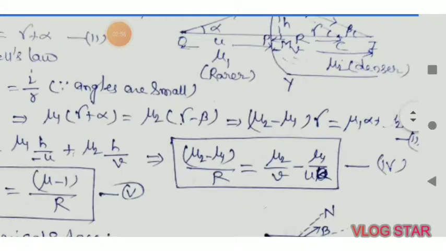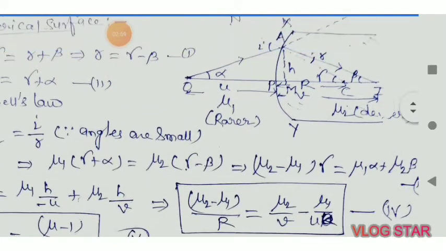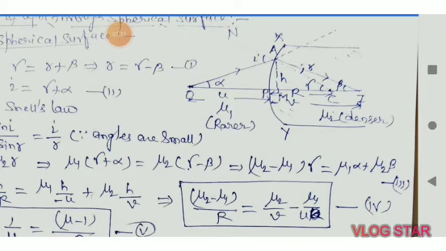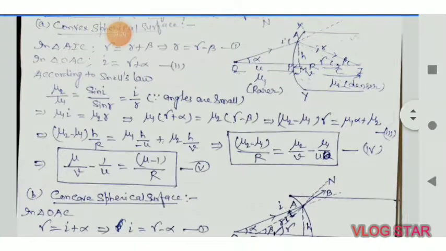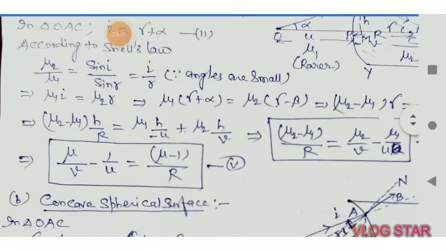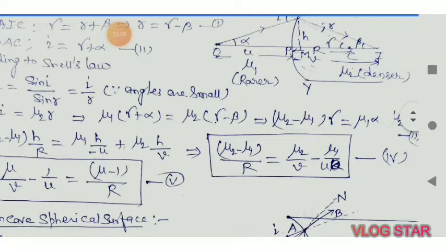So here gamma is nothing but tan gamma, that is h upon this length PC, and since point M is very close to P, all distances are measured from the pole of that surface. Wherever M comes, we consider PM very small, coinciding with P. So putting in their values with proper sign convention, h cancels out, and we get the relation mu2 minus mu1 upon R is equal to mu2 by v minus mu1 by u.